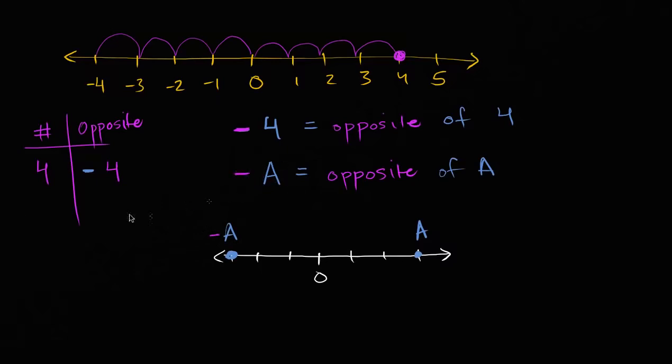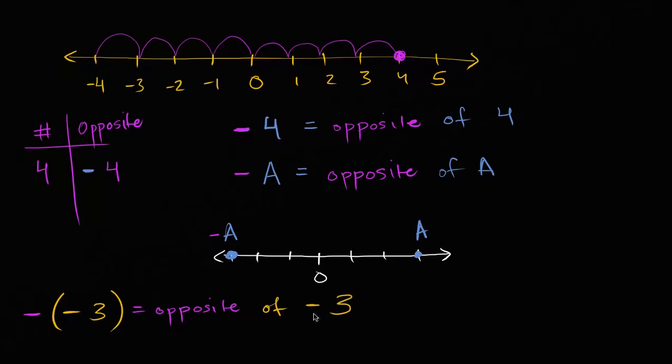What would be the negative of negative 3? I encourage you to pause the video and think about it. Well, we just said this negative means the opposite. So you can think about this as meaning the opposite of negative 3.